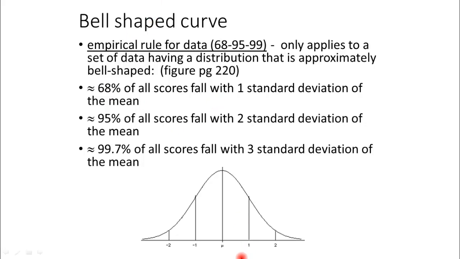Let's say this is the mean of the data, the average, in the center. 68% of the observations fall between mu minus sigma and mu plus sigma, this area. 95% fall within two standard deviations, mu plus 2 sigma and mu minus 2 sigma, and 99.7% of the scores fall within mu plus or minus 3 sigma.